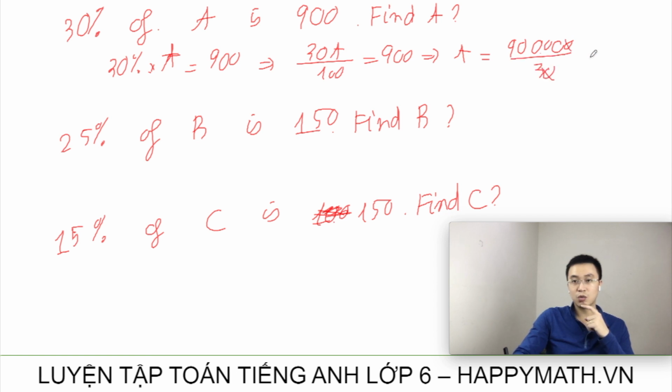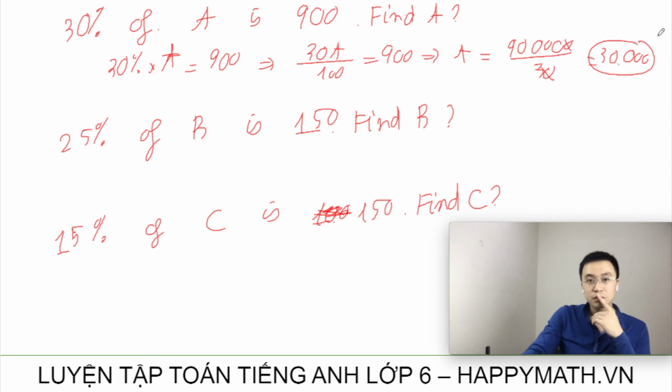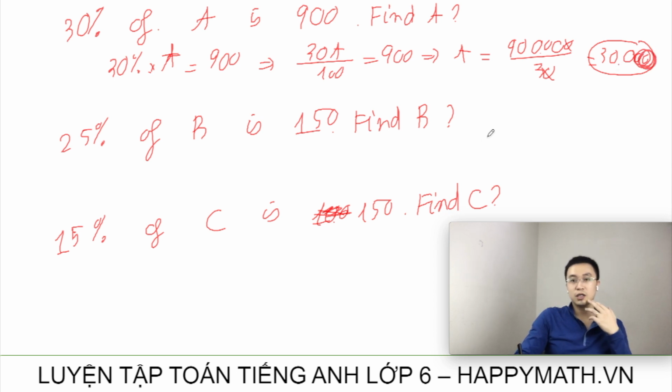Cancel, and we get 3,000. Only 3,000. Okay, how about B?